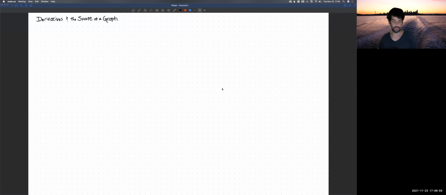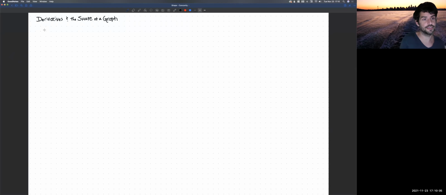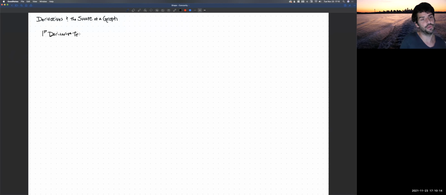Everybody. So in the last one, we had developed the first derivative test. So first, let me just remind you briefly what that is. The first derivative test, I'll boil it down without as many details. We look at critical points, and our critical points are our critical numbers.